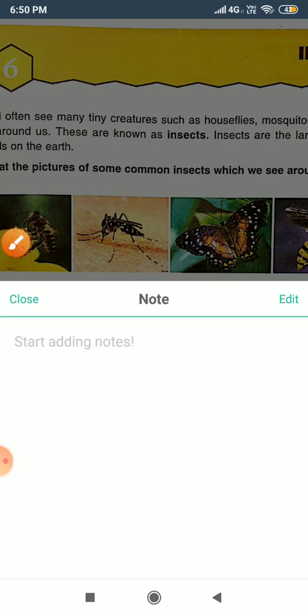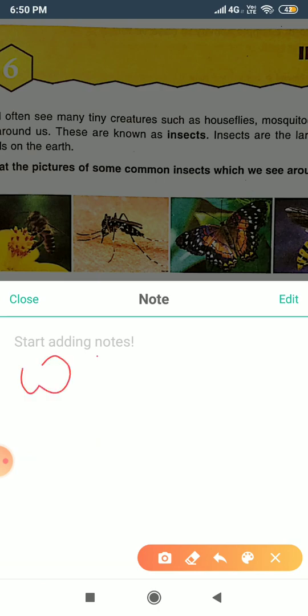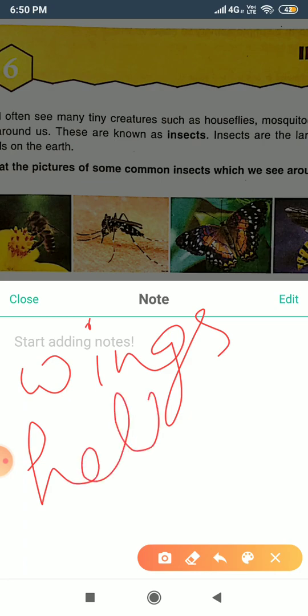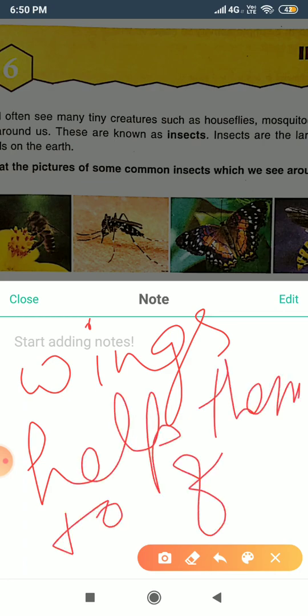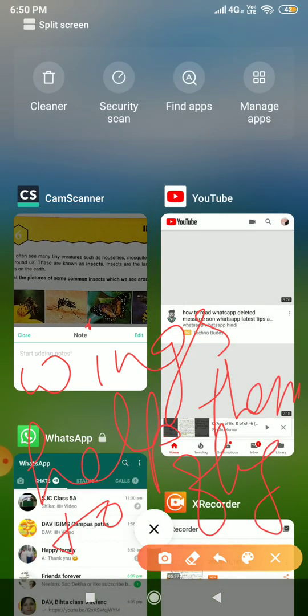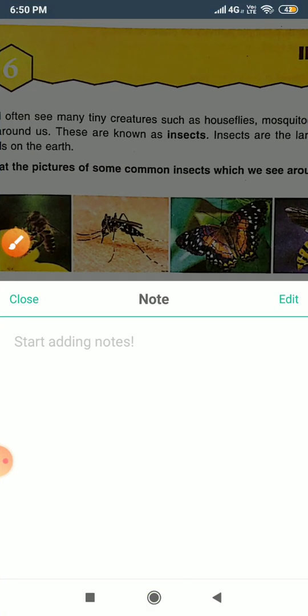Okay, wings help them to fly. This is a function of the wings. I hope now you can do your work. You can learn the features of the insect as I have told you.